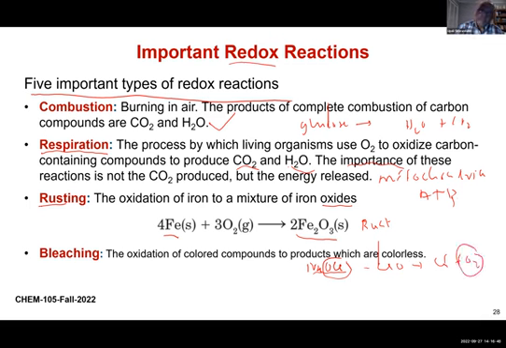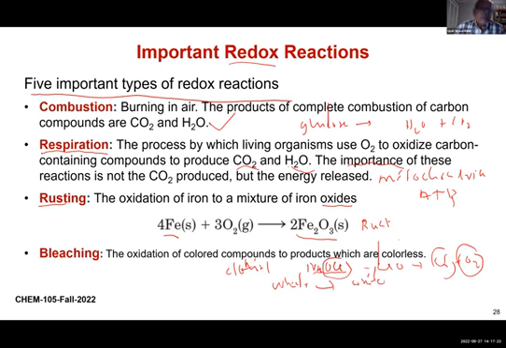The chlorine and oxygen react with the dirt in the clothes and make them whiter. The dirt is removed, then the clothes become whiter. That's the bleaching.